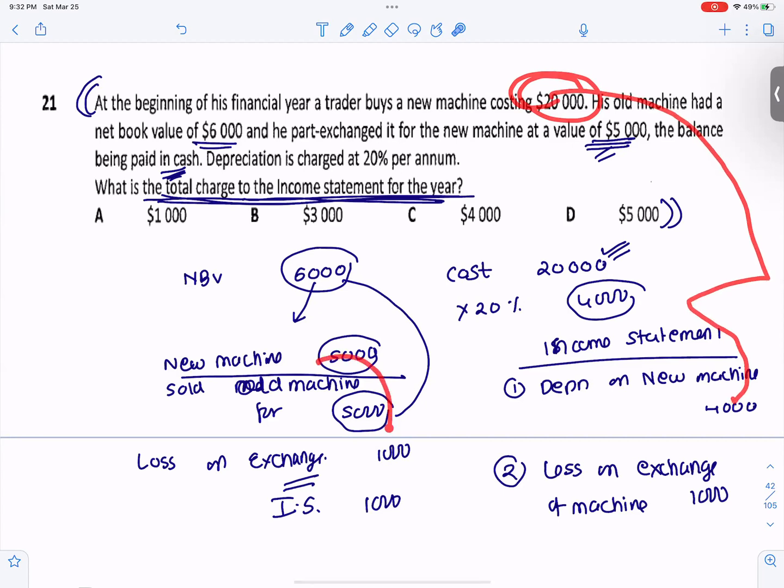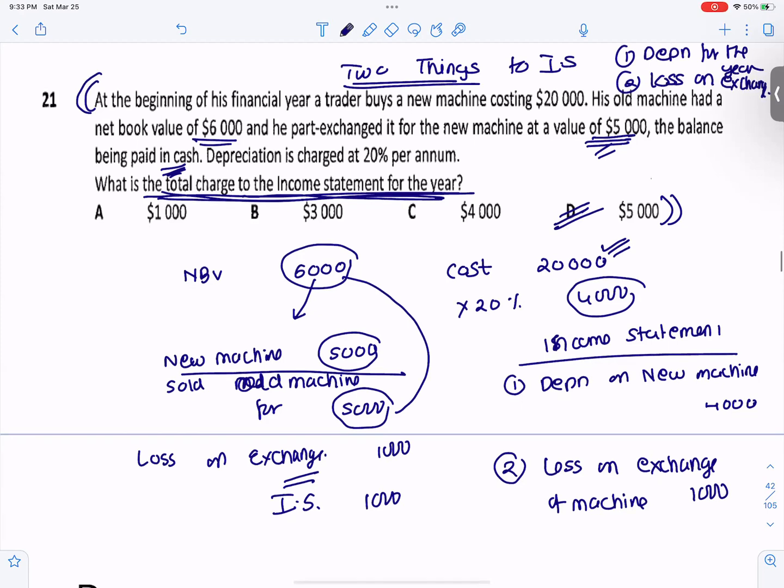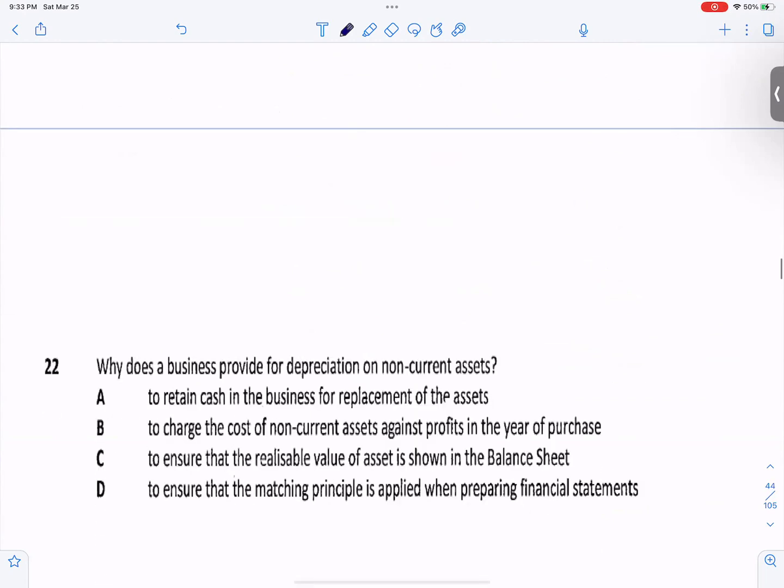And second, you will charge the loss on exchange, so 4,000 plus 1,000, so 5,000. Don't forget, all the losses and expenses will go to the income statement. First is the depreciation for the year, and second is loss on exchange.